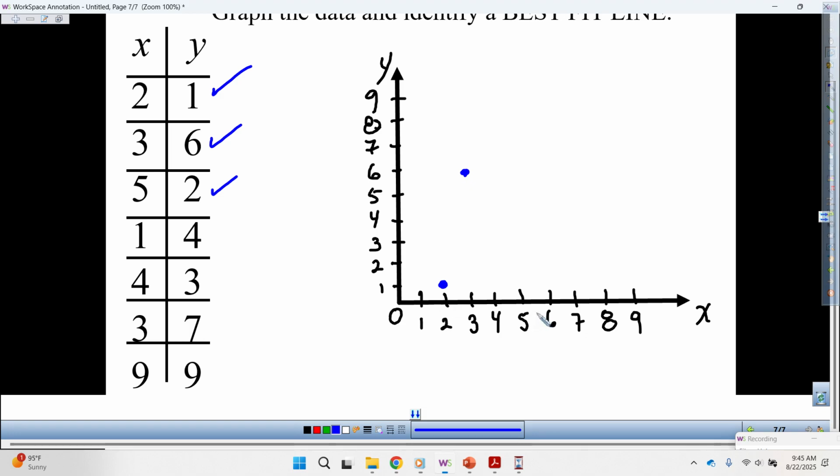Next one, (5, 2). Next one, (1, 4). Next one, (4, 3). Next one, (3, 7). Last one, (9, 9).